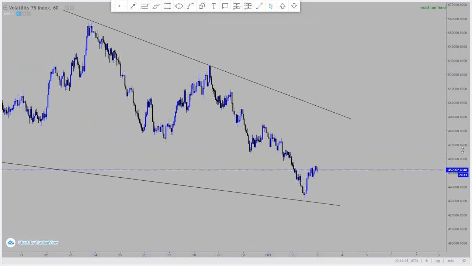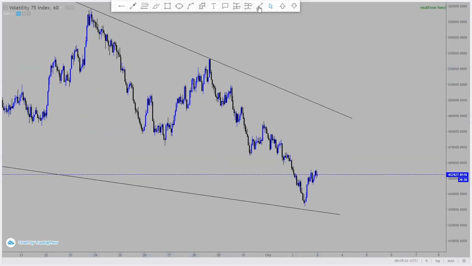But on the 1 hour, you begin to realize that we have this channel here as well. This channel, which the market broke, failed to retest the first time, broke now. So now it's almost going to retest it. Once it does that, we know that most probably we're just pushing all the way to the upside.